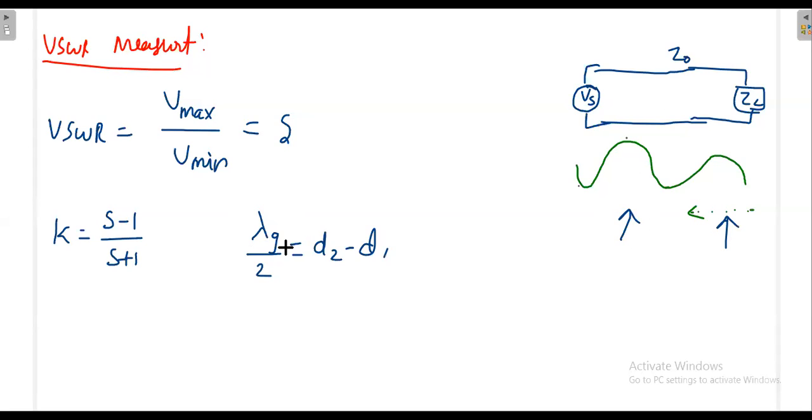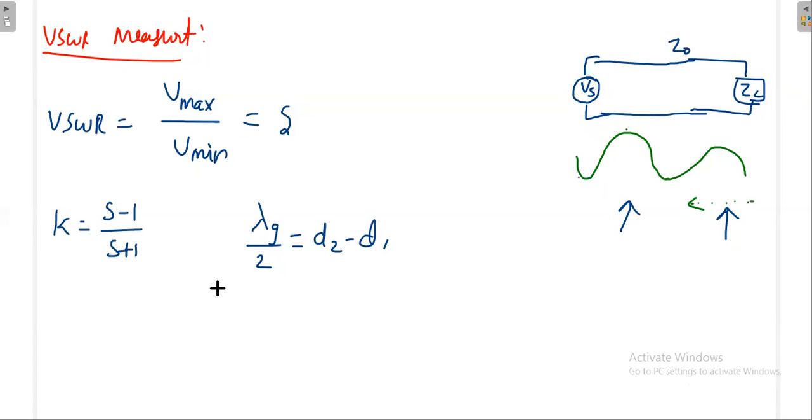Once we know the wavelength, you already have this relation: 1 by lambda square is equal to 1 by lambda c square plus 1 by lambda g whole square. Then you can finally measure the wavelength.